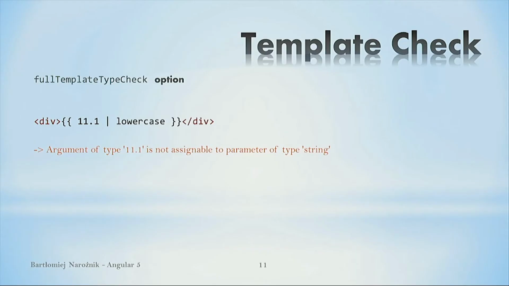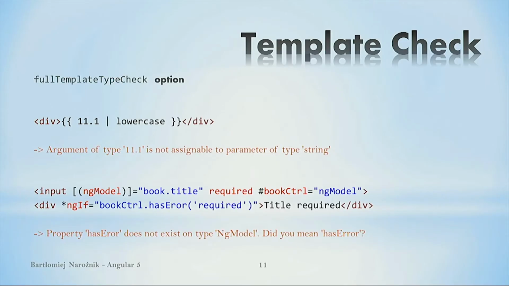So, for example, if you have some pipe, it can be validated whether the parameter argument used is correct, and it will print a nice message for you. For example, if you use lowercase on something that is not a string. It can also look into the directive variables.